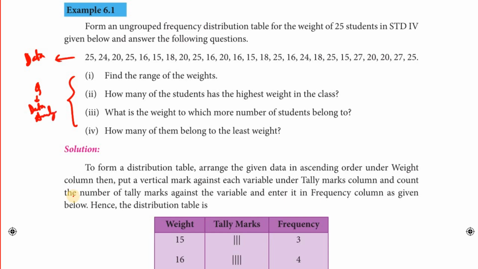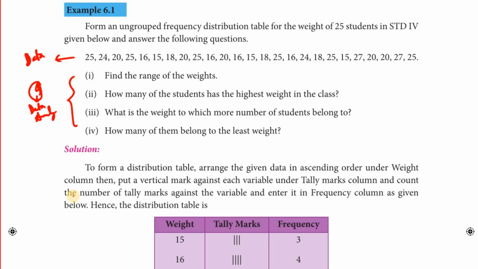Find the range of the weights. How many students have the highest weight in the class? What is the weight to which the greatest number of students belong? How many of them belong to the least weight, and all that. There can be even more questions, but to illustrate data analysis, only 4 have been given.